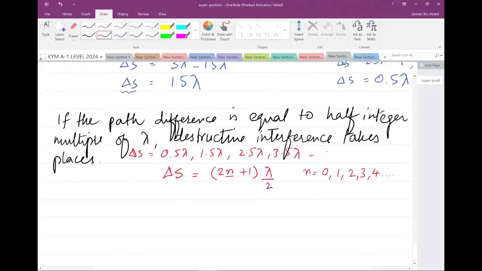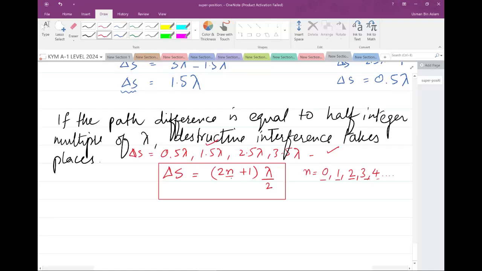So instead of writing all these values, we constructed an equation and we just keep changing n, which is an integer. If you place 1 in place of n, 2 times 1 is 2, plus 1 is 3. 3 times lambda divided by 2 gives you 1.5 wavelengths.